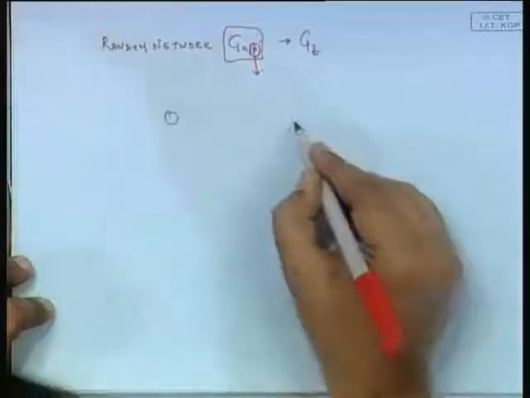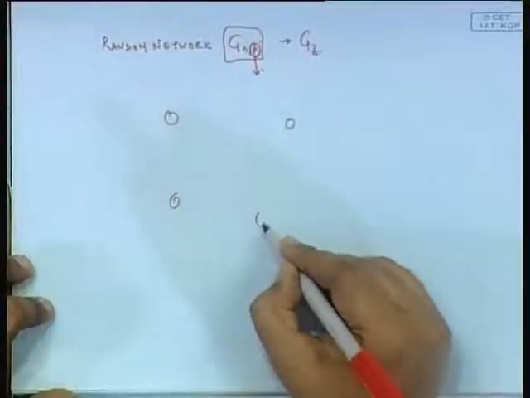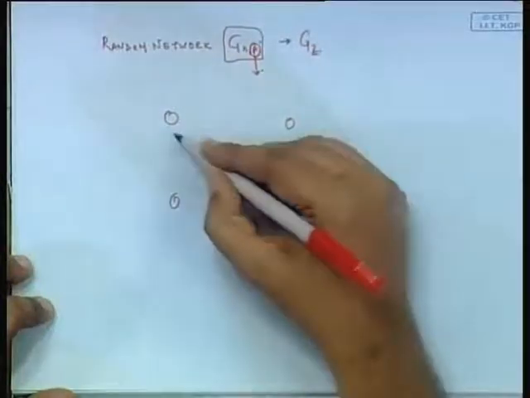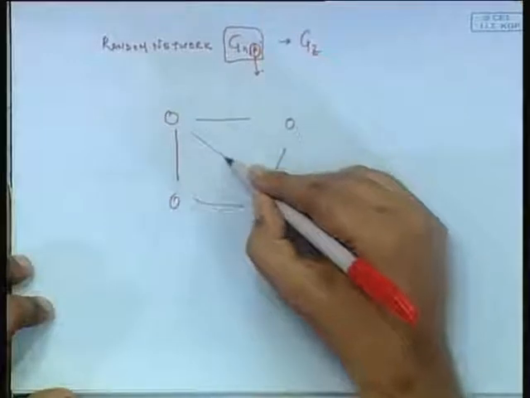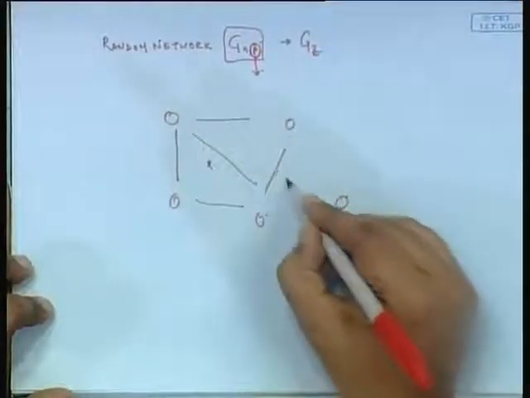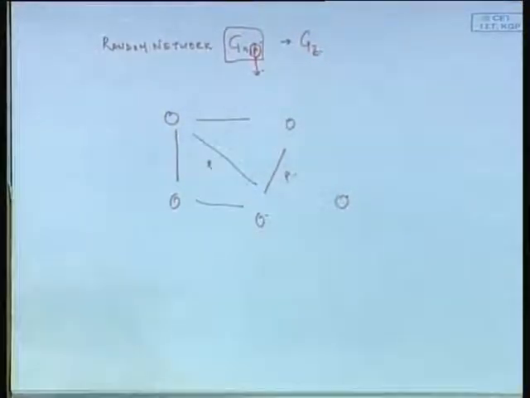So one very interesting question which people ask is: I have this random graph, I try to join them with probability p. When p is very small, what will happen?